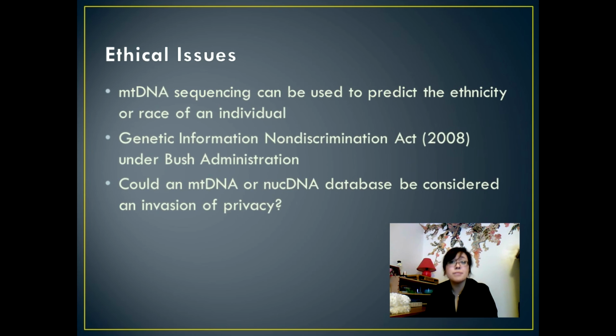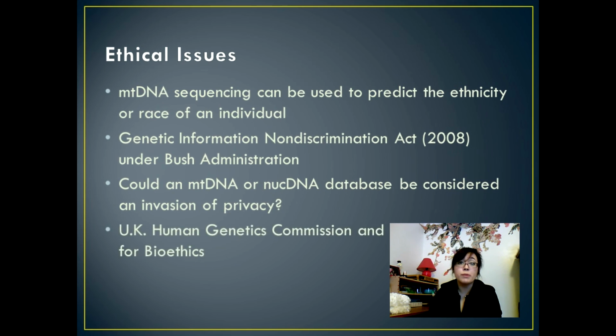Should databases be available to public use in either situation, or should it be monitored exclusively by specific individuals like scientists or the government? These issues were of similar concern globally and were publicized by both the UK Human Genetics Commission and the National Council for Bioethics.